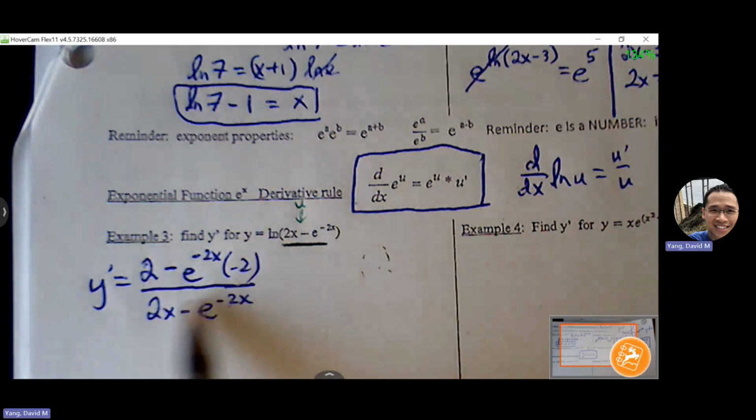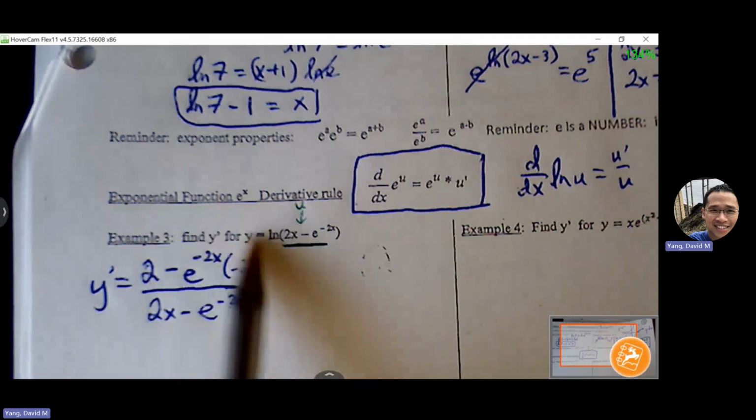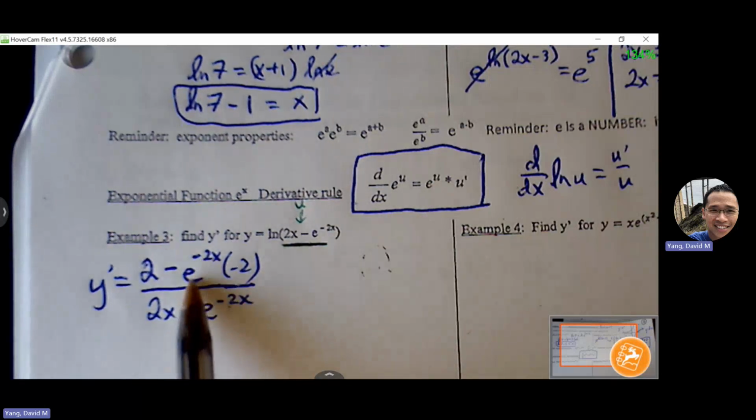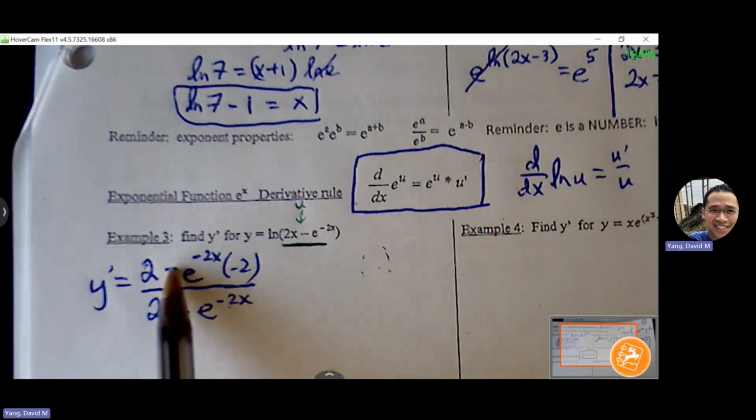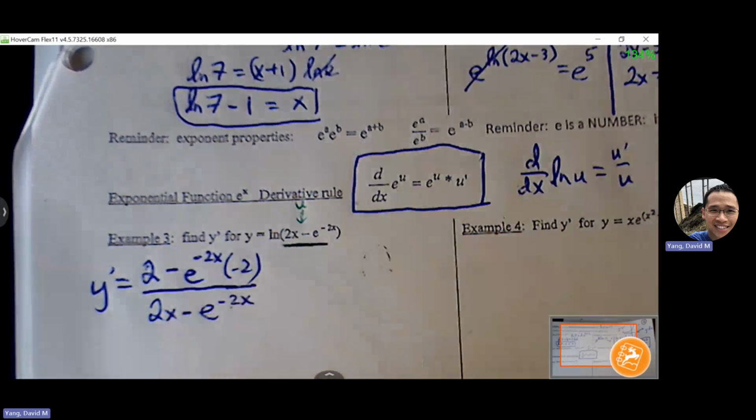Let's see, what can we do to clean this up here? We can't cancel across addition and subtraction, but what we can do is clean up within the numerator and denominator separately. So in the numerator, we can bring this e down to the denominator. Now this can't cross this line here because this is attached to the minus sign, but it can be in the denominator within this region here.